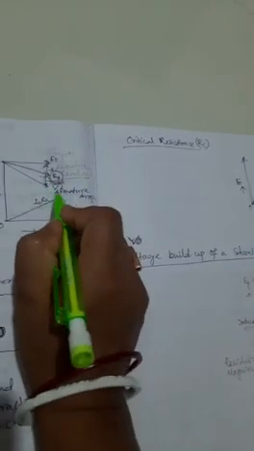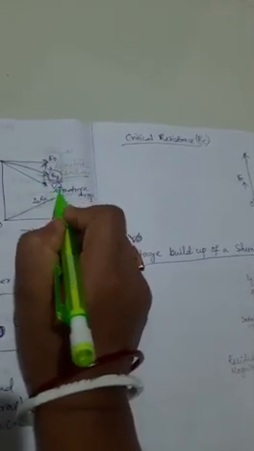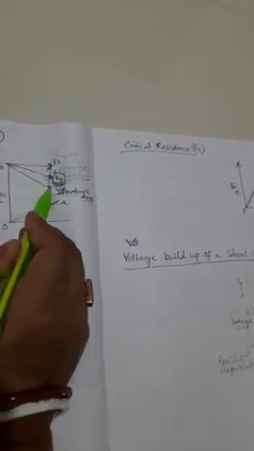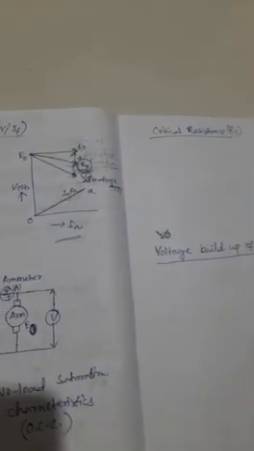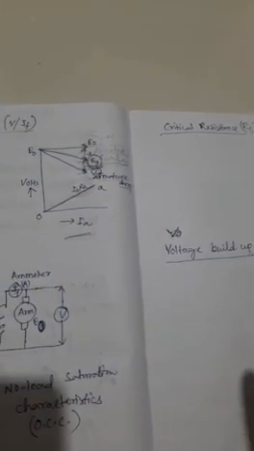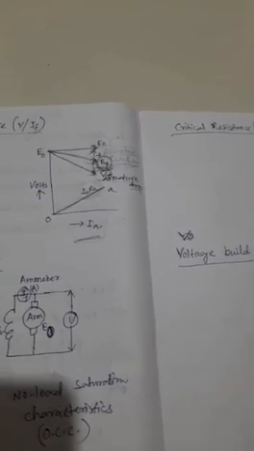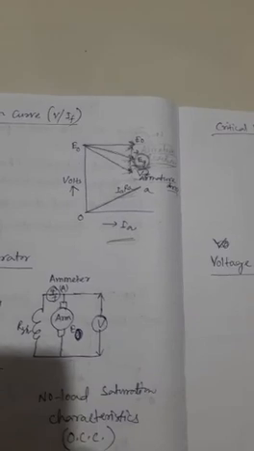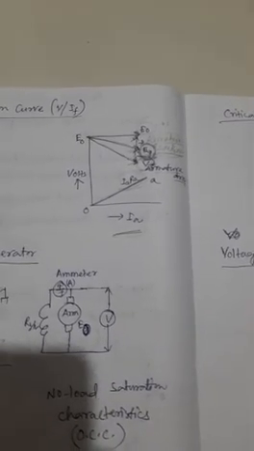This voltage is our terminal voltage VT. The curve is like this, and this gives us the last one, that is the external characteristics of a DC generator.